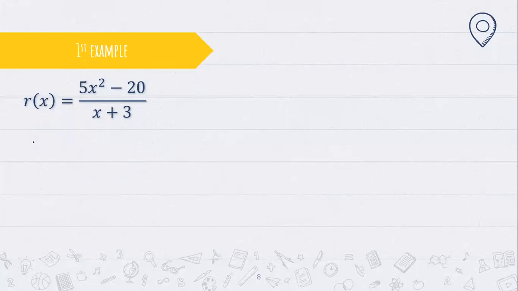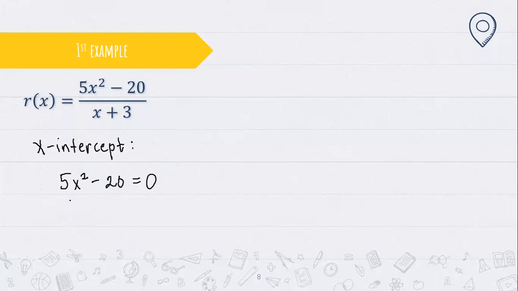So, kunin natin si x-intercept. Paano na nga daw kunin si x-intercept? Simply equate our numerator to 0 or find the zeros. So, kunin natin yung numerator which is 5x squared minus 20 and i-equate to 0. So, 5x squared minus 20 is equal to 0.